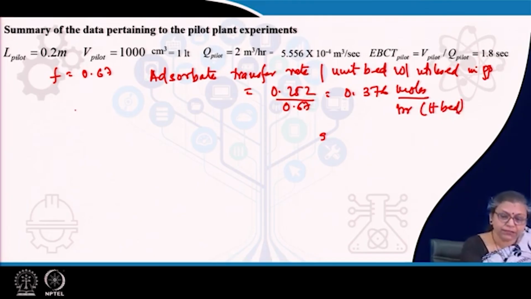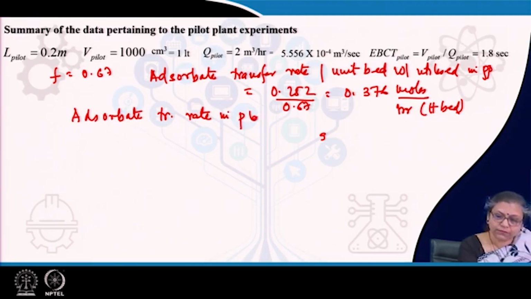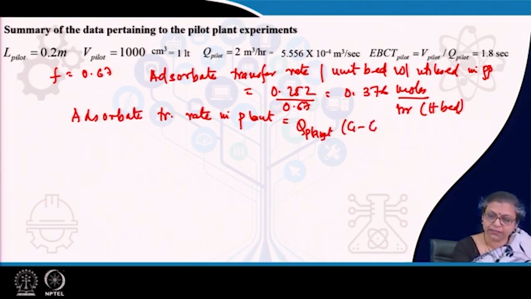So, from that you know what the adsorbate transfer rate in the plant is. The Q of the plant is provided to you. So, from here it is nothing but Q_plant (C_I minus C_B), you can find this out, and then you can also find out the adsorbate transfer rate per unit volume of the bed utilized.